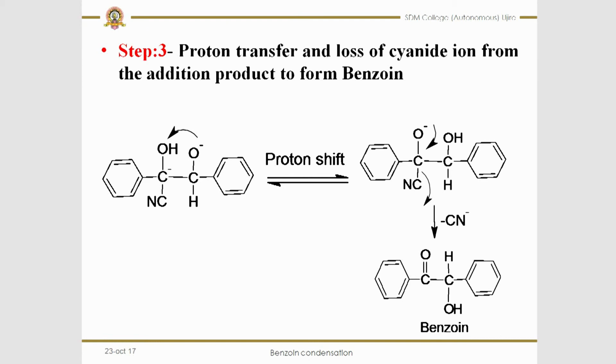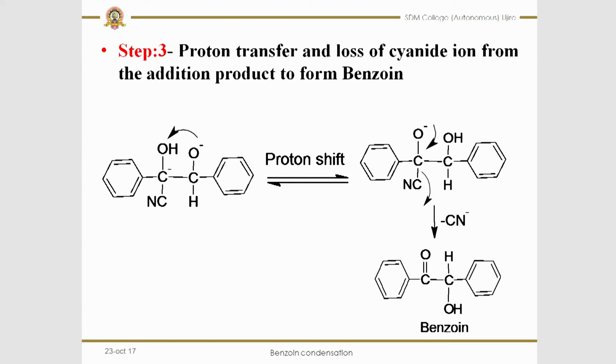We already saw the example. And the mechanism: in the first step, generation of carbanion takes place by the attack of cyanide group. The second step is attack of carbanion on the carbonyl group of the second benzaldehyde.